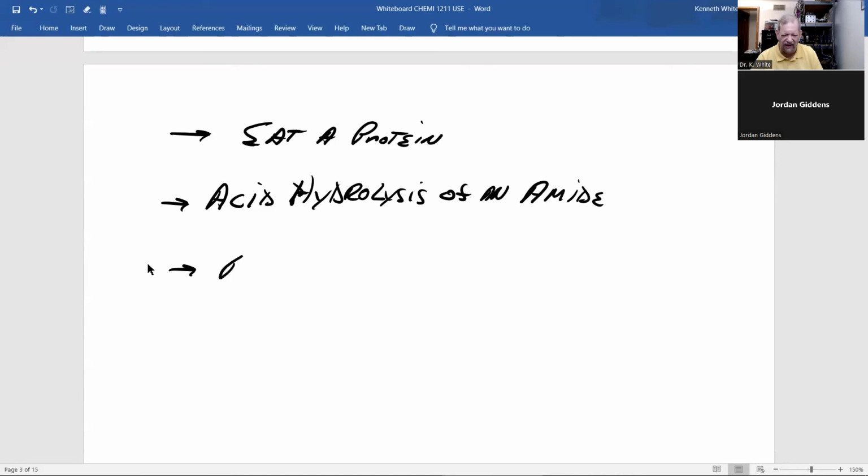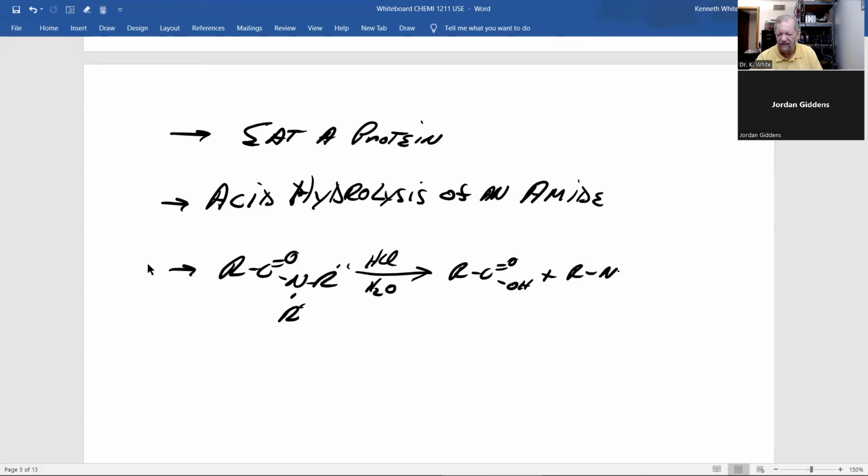The general reaction: amide. And now I'll use hydrochloric acid, which is what's in your stomach. You get back the carboxylic acid you would have used to make that amide, but you don't get the amine.